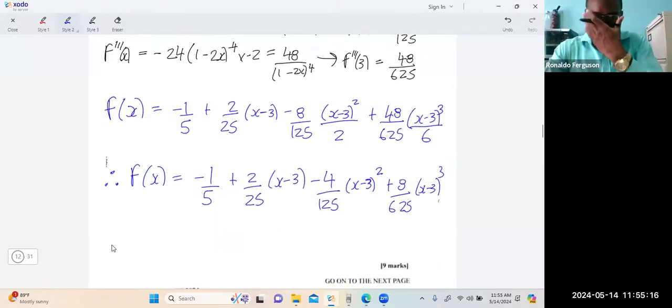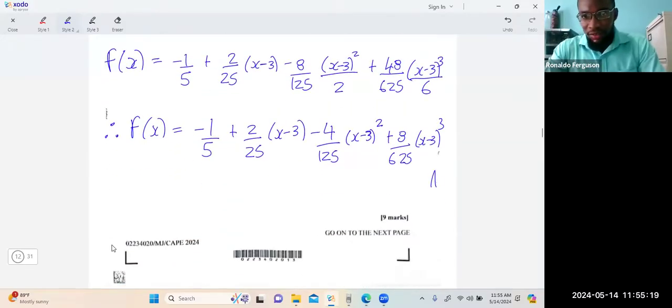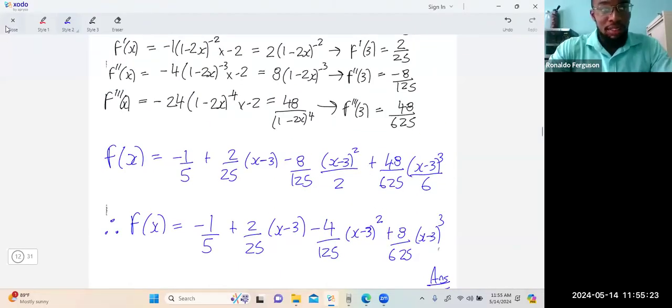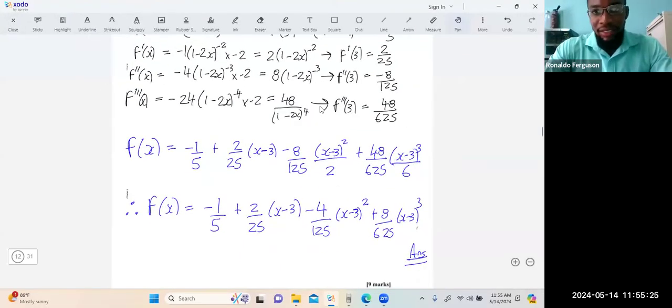Okay, so that is f of x. No problem. This is f of x that we have right here.